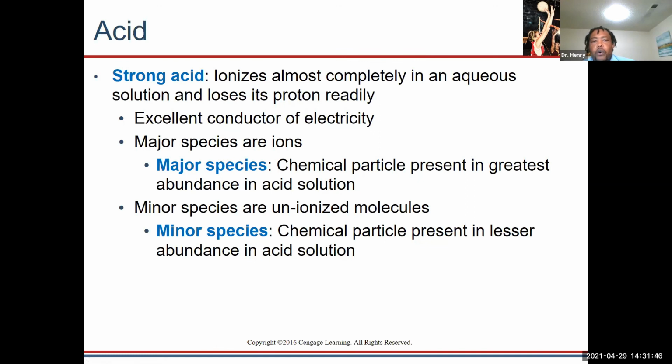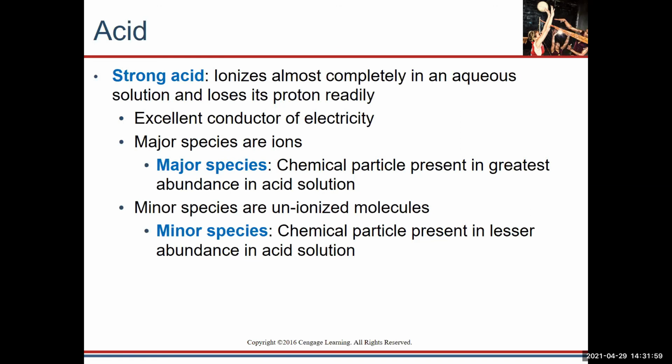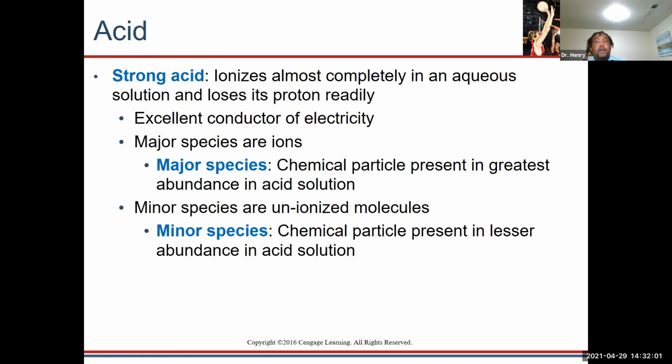Okay, so what did I say about strong acids? They're almost completely dissociated in an aqueous solution. Okay, so when we talk about them being completely dissociated, we're going to be talking about our species. So we call them major species. Major species is the one that's the most abundant in your solution.